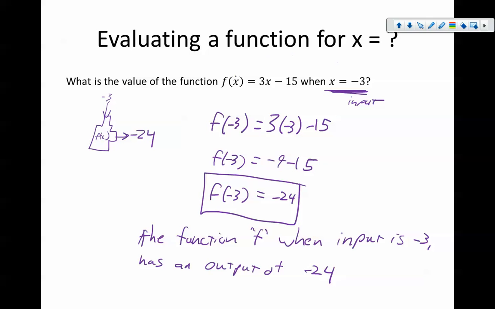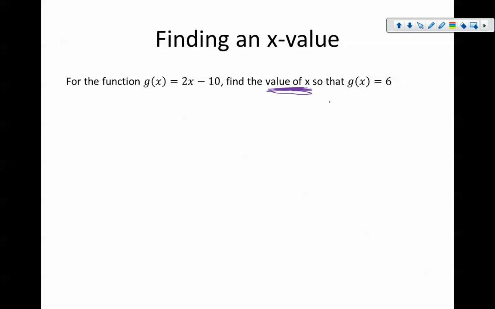I plugged negative 3 into the function and I found it. On this problem, it says that the function value is 6. This is the output now that it's giving us. And then it says find the value of x. That's the input. We are being given an output and we need to find an input.